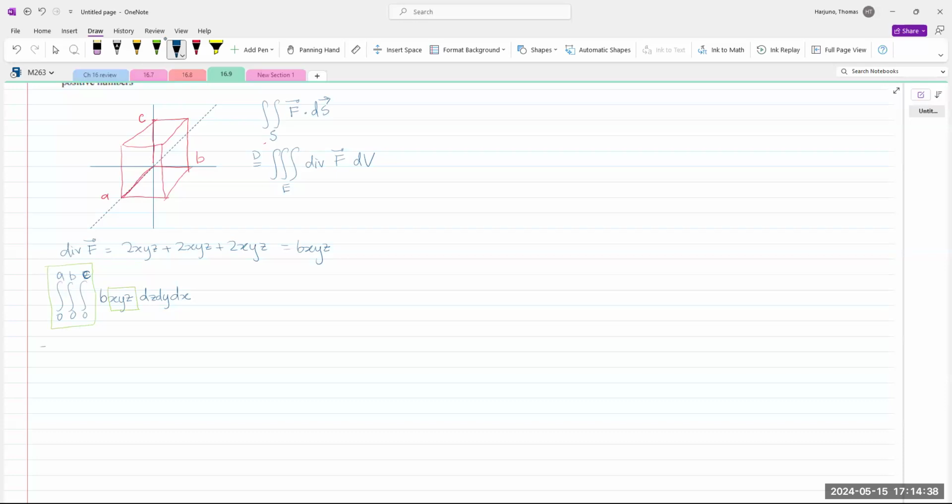So I can say this is actually 6 times the integral from 0 to a of x dx, the integral from 0 to b of y dy, the integral from 0 to c of z dz. So this is 6 times a squared over 2, b squared over 2, c squared over 2. That's 3 over 4 a squared b squared c squared.